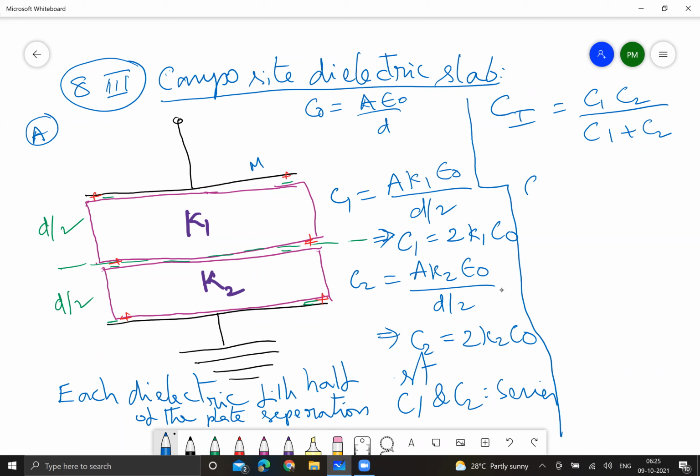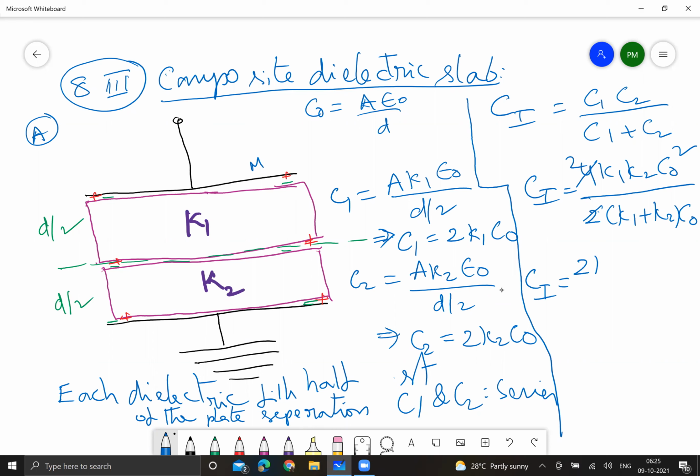If you substitute these values, 4 K1 K2 C0 square by 2 into K1 plus K2 into C0. So finally we get the capacitance to be 2 K1 K2 by K1 plus K2 into C0.